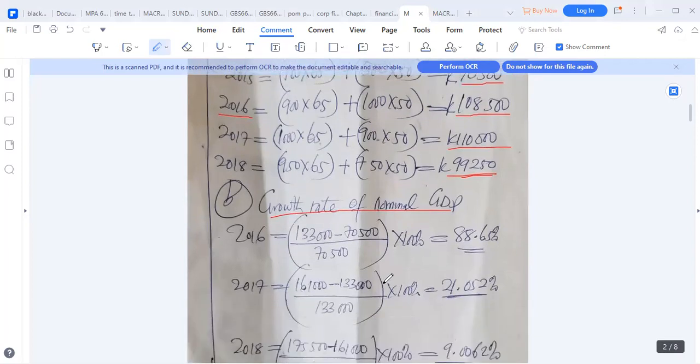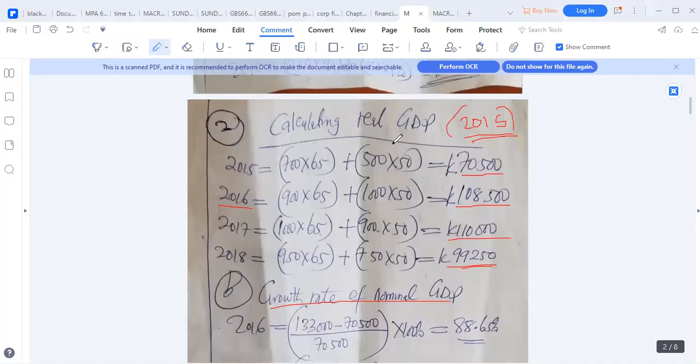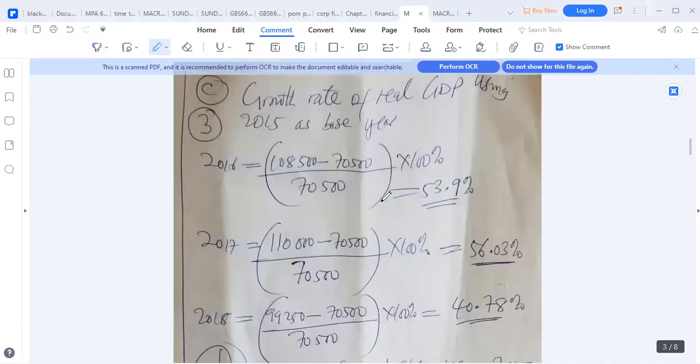So we can find the growth rate of the nominal gross domestic product. Using the real one, part C, we are using the growth rate of the real gross domestic product. So you have the 108,500 minus 7,500, so it's 53.9 for 2016.